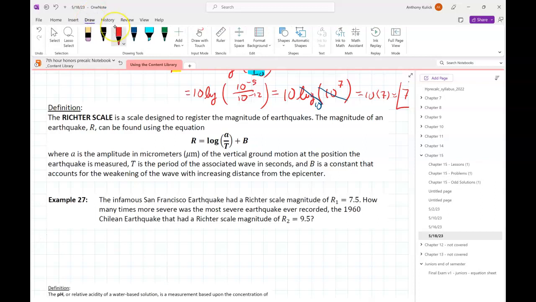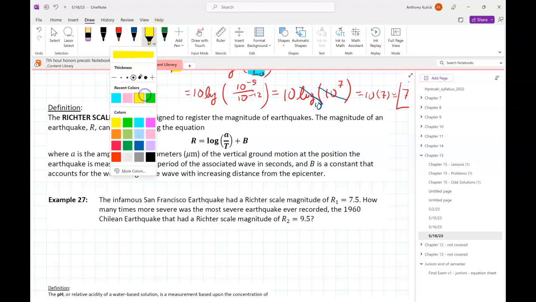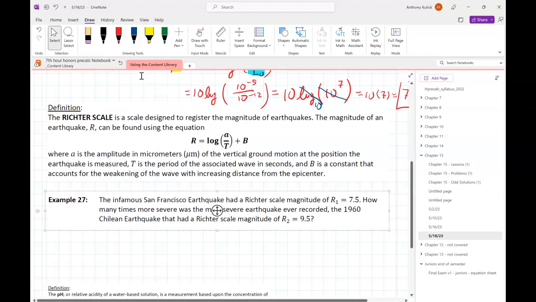Well, you read that, and it doesn't seem like there's enough information here, right? At least at first glance. And even what it is asking for is maybe not entirely clear.